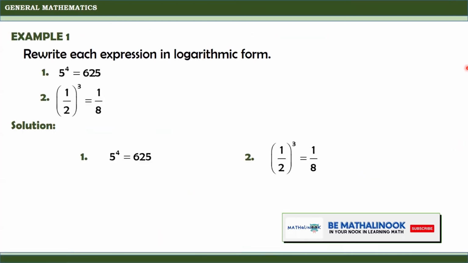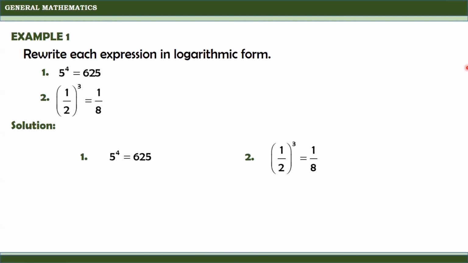Let us have some examples. Rewrite each expression in logarithmic form. Number 1, 5 raised to 4 is equal to 625. And number 2, 1/2 cubed equals 1/8. For the first given, 5 raised to 4 equals 625, notice that the base is 5, the exponent is 4, and the power is 625.